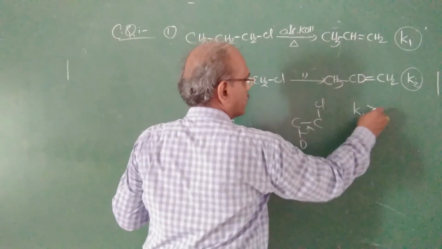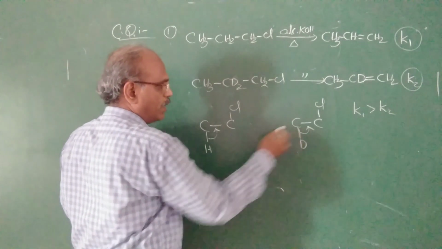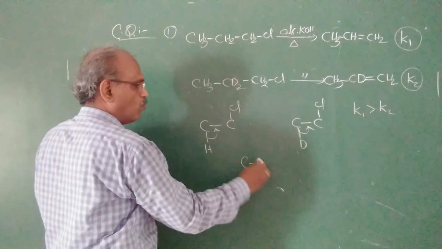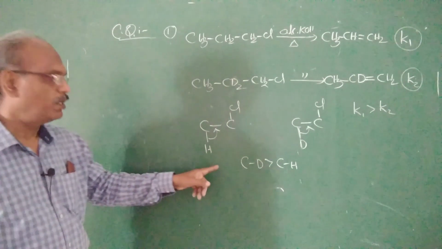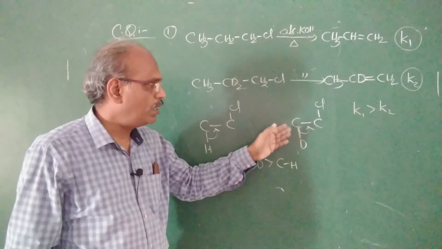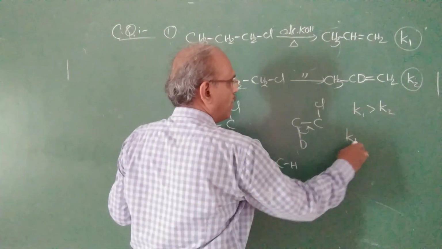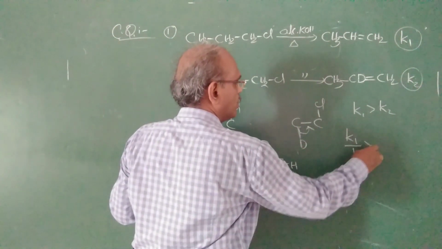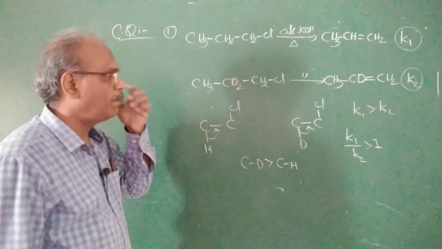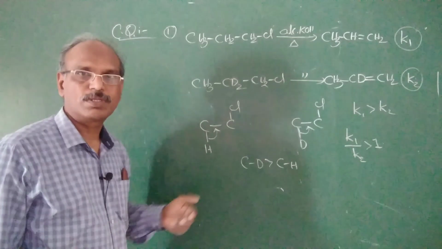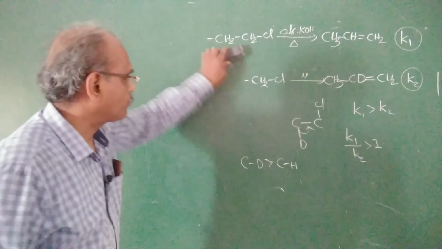K1 is greater than K2 because CD bond energy is more than CH bond energy. So it requires more energy. It is a little bit slow when compared to this. That's why K1 by K2 is greater than 1. It's very clear. They are asking this type of questions in competitive exams. Okay, this is one question.